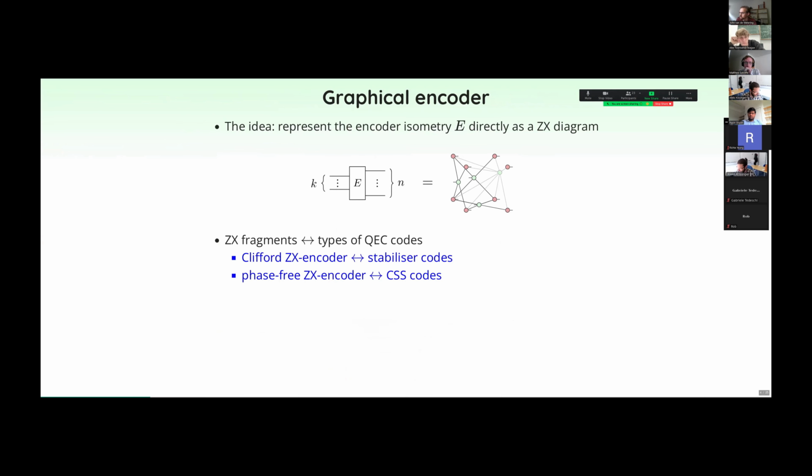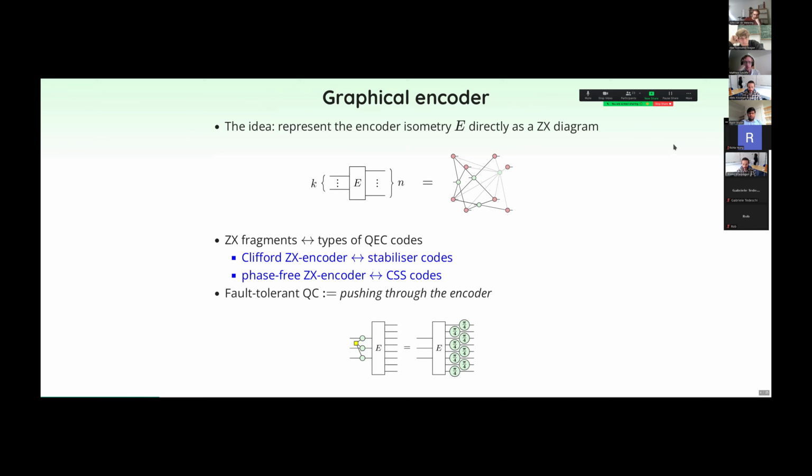The most common kinds are, if you focus on the Clifford fragment, you get stabilizer codes. If you focus on the phase-free fragment, you get CSS codes. And then we can think about fault-tolerant quantum computation using this technique, which we sometimes call pushing through the encoder. So you think about something happening on the logical side here, and you can push it through this encoder to see what its equivalent is on the physical side, or pull it back to do vice versa.